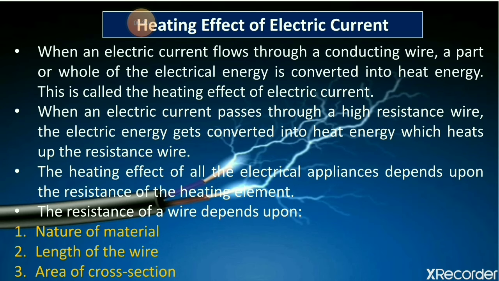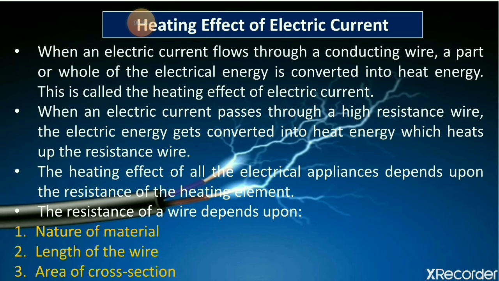So when an electric current is passed through a high resistance wire, means the material from which the wire is made has the ability to oppose the flow of electric current.